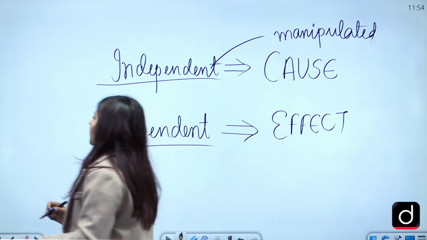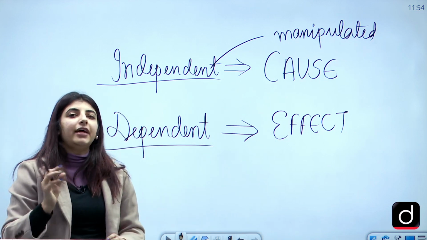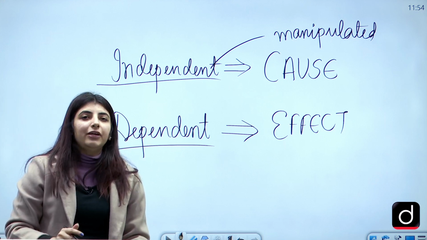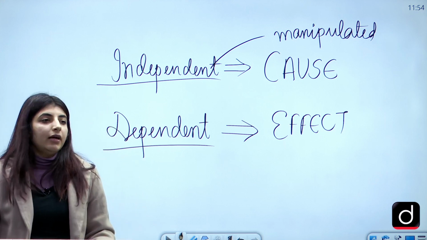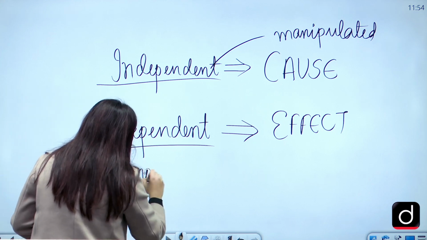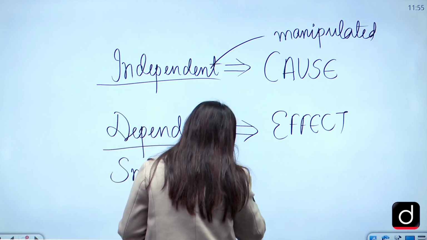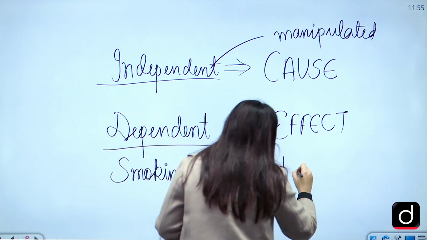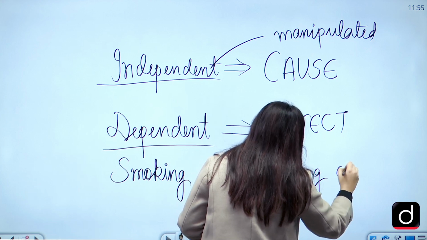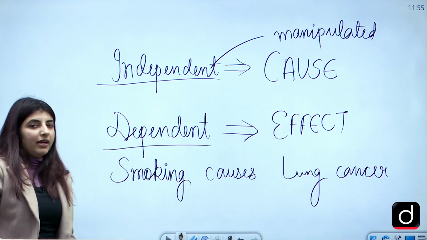Now, if I say manipulated, it seems like a heavy word here, right? But the concept is easier. Let's take smoking again as an example. Smoking causes lung cancer. So what is the independent variable here first of all?